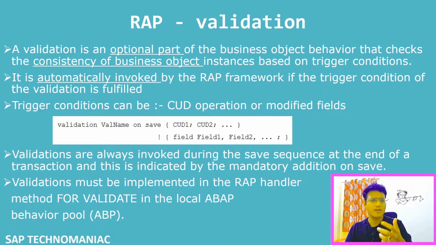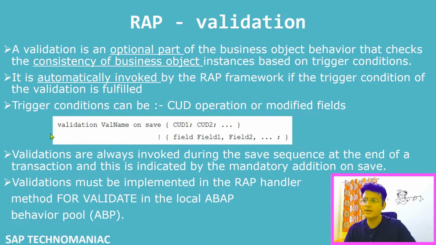We can also define on which field change the validation should trigger. Whenever somebody changes this particular field, then this validation should trigger. We can combine both things too: on create, when this particular field gets changed, then we trigger this validation.